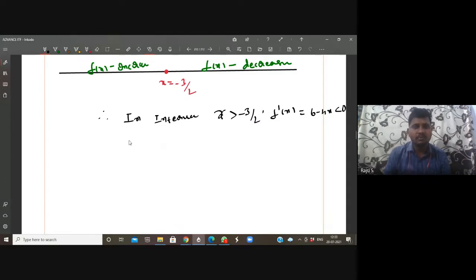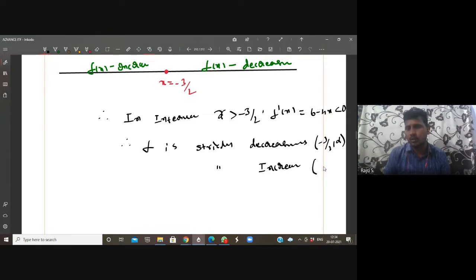So therefore f is strictly decreasing in minus 3 by 2 to infinity. And similarly, strictly increasing in minus infinity to minus 3 by 2. That's all.